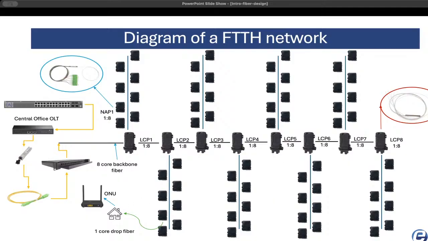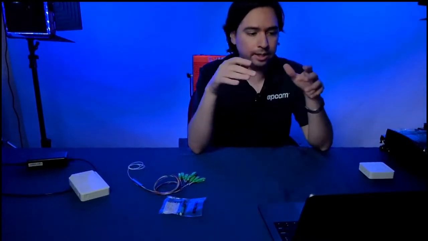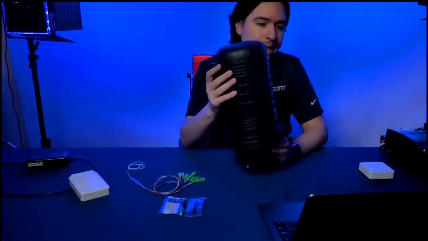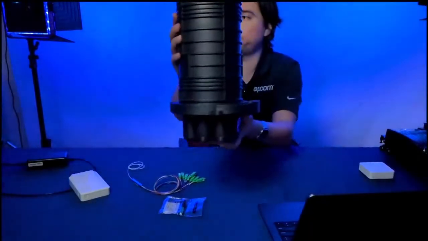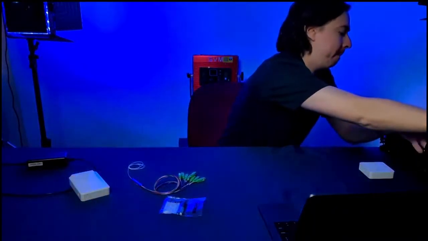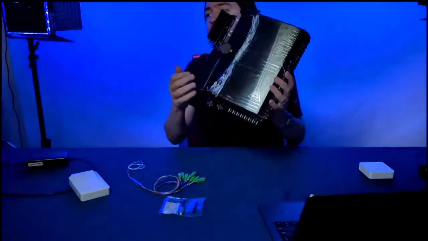Let me show you so you don't get lost. You have your network switch, and your home base to your OLT, then to your SFP, patch cord, distribution, and then you connect them to your LCP. Then you go from your LCP to your network access point.